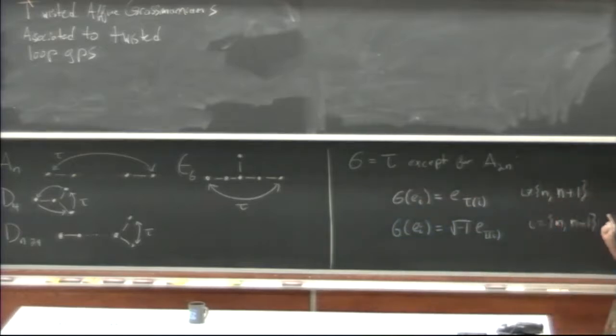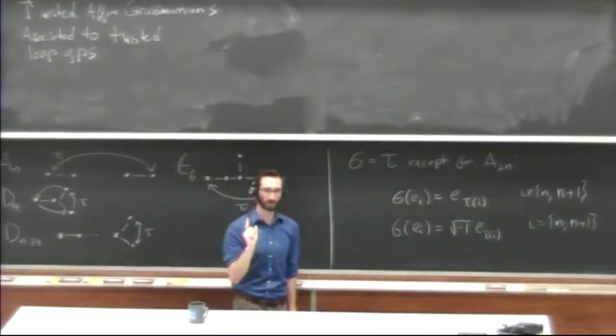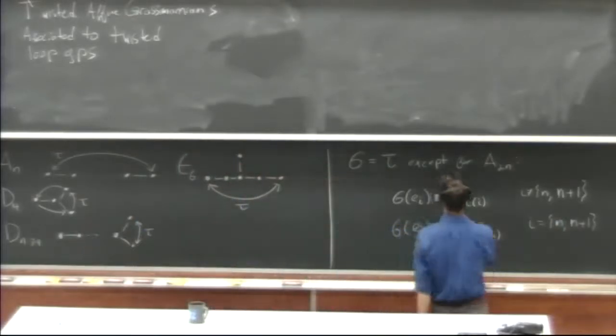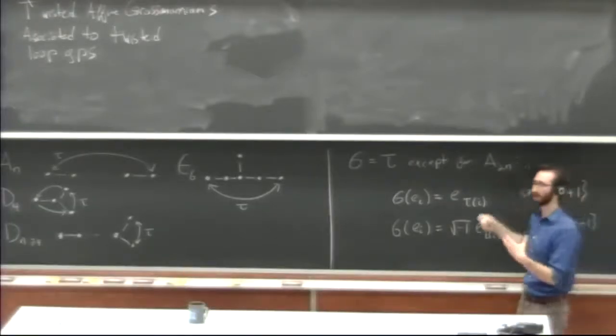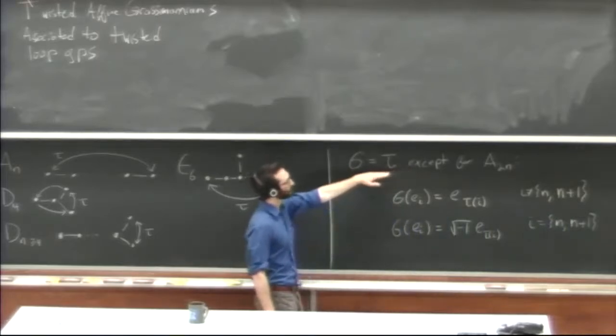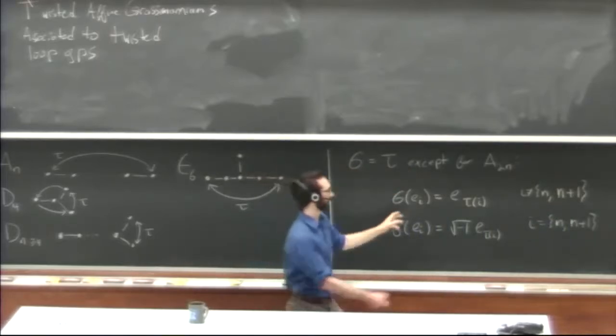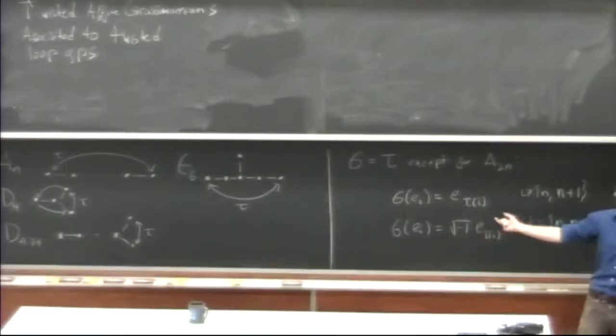One strange thing that we must do is we would like to build these twisted loop groups out of the diagram automorphisms, but in one case we must alter our automorphism. So in type A_2n, this is going to correspond to a non-split group. In type A_2n, we have to modify the automorphism, and I can tell you how we modify it. We modify its action on the Chevalley generators.